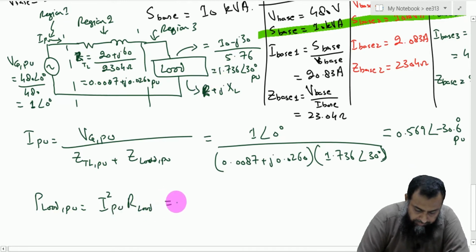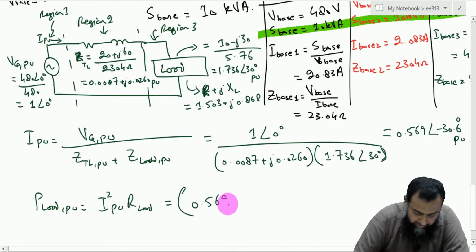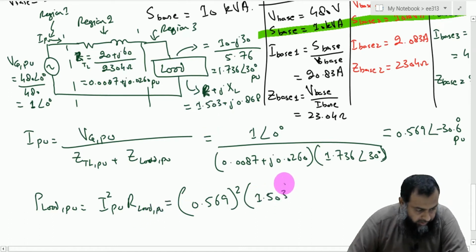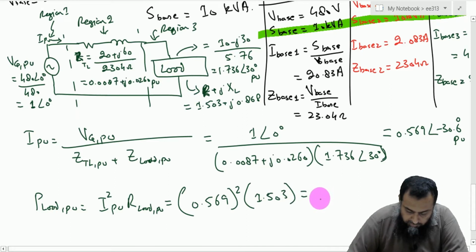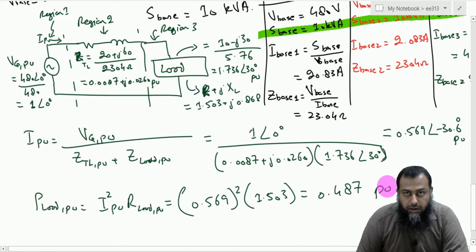If I convert this 1.736 at an angle of 30 degree into this form, it becomes 1.503 plus J0.868. So, here we have 0.569 whole square and R of the load in per unit value, which is 1.503. So, that turned out to be equal to 0.487 per unit.